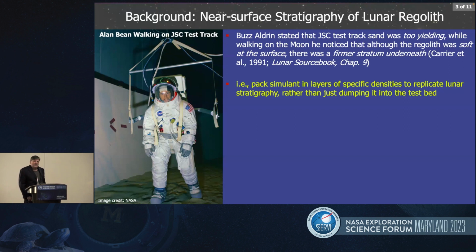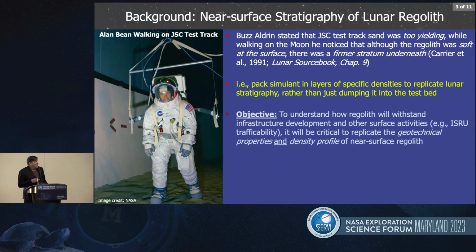So basically the lesson here is that when working with simulants in the lab, we should pack them to specific bulk densities to try to recreate the actual near-surface lunar stratigraphy while performing Earth-based testing. The objective here is to understand how regolith will withstand construction and other surface activities.